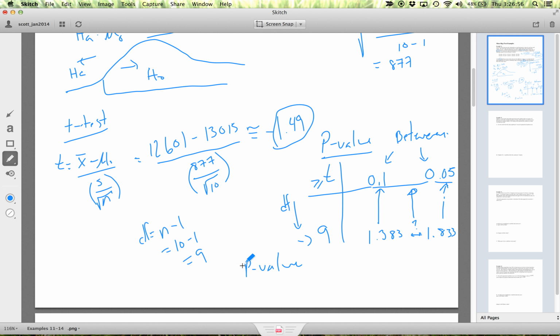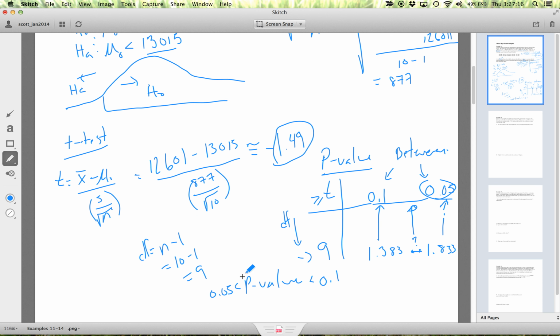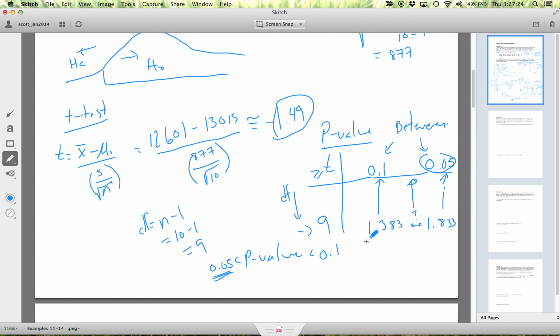So my p-value is bigger than 0.05, but smaller than 0.1. Notice here that my alpha is 5%. My p-value is bigger than 5%, because my value was in between these two. So the p-value must be greater than alpha.